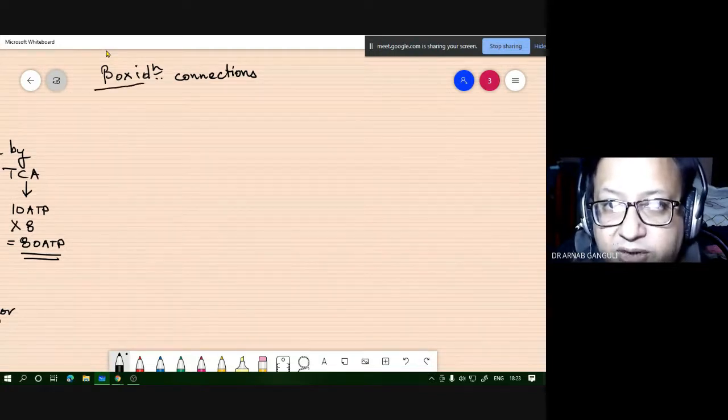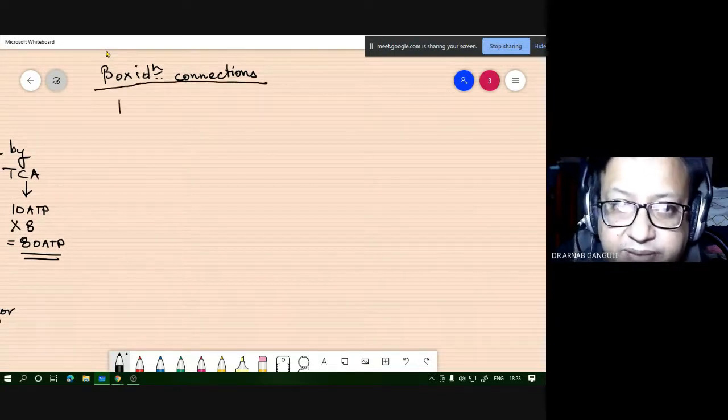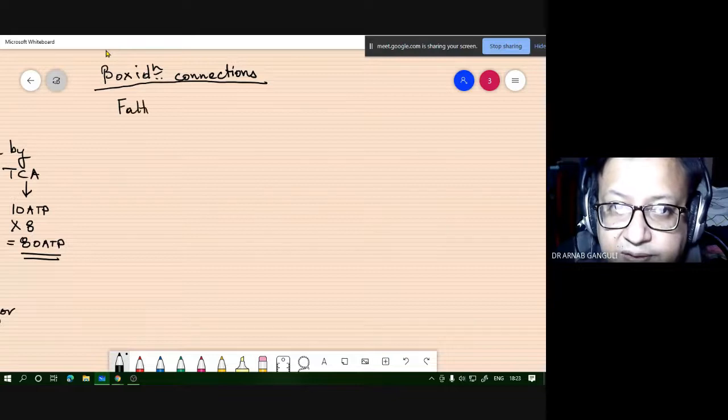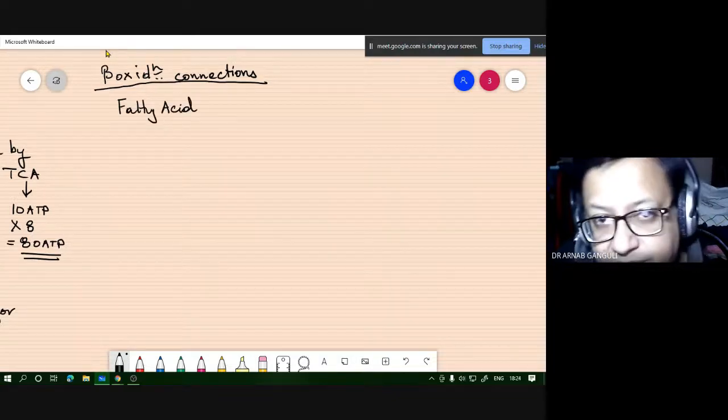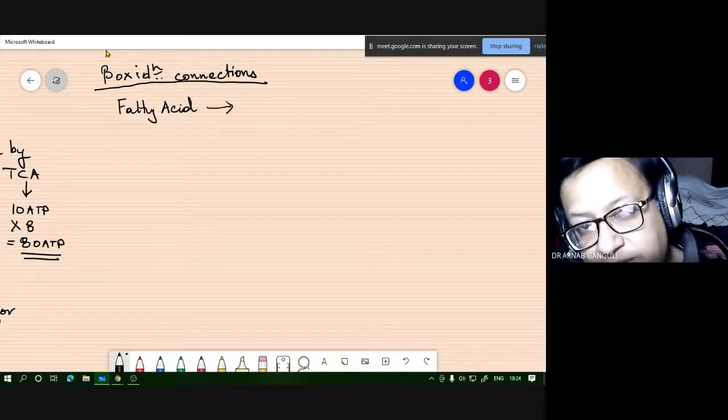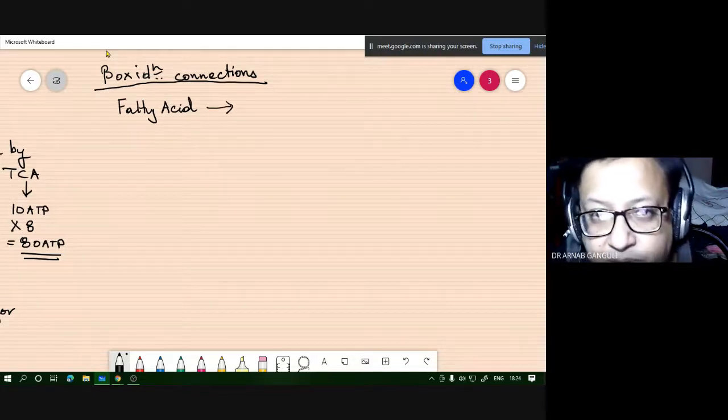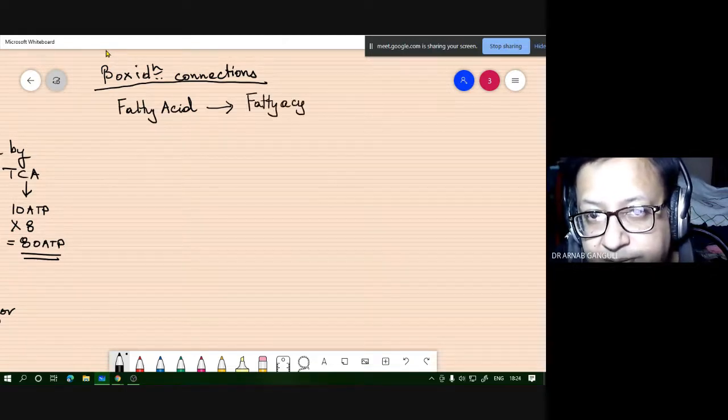So in beta oxidation, the first step is fatty acid has to get converted into another acyl compound known as fatty acyl CoA.